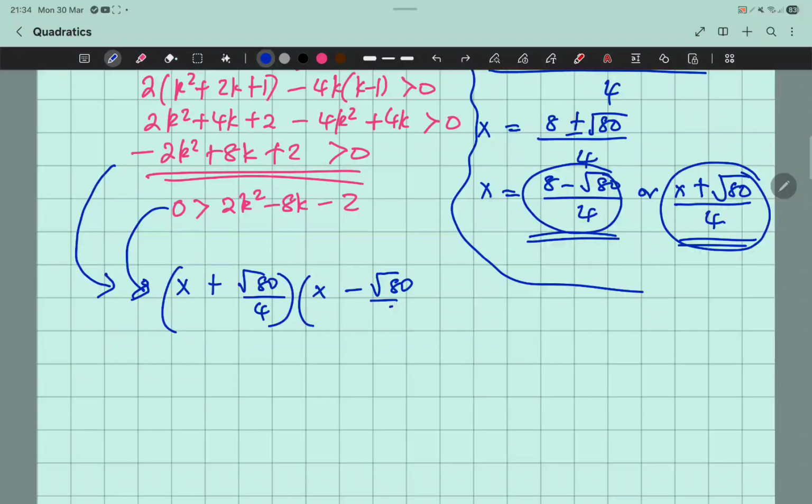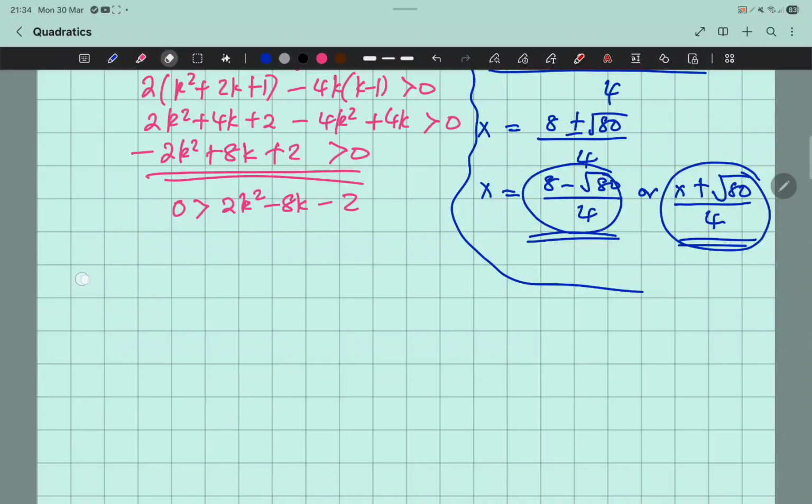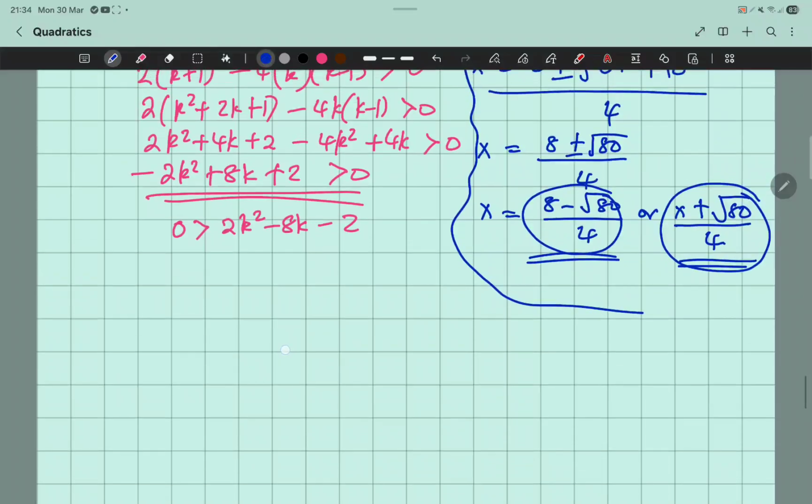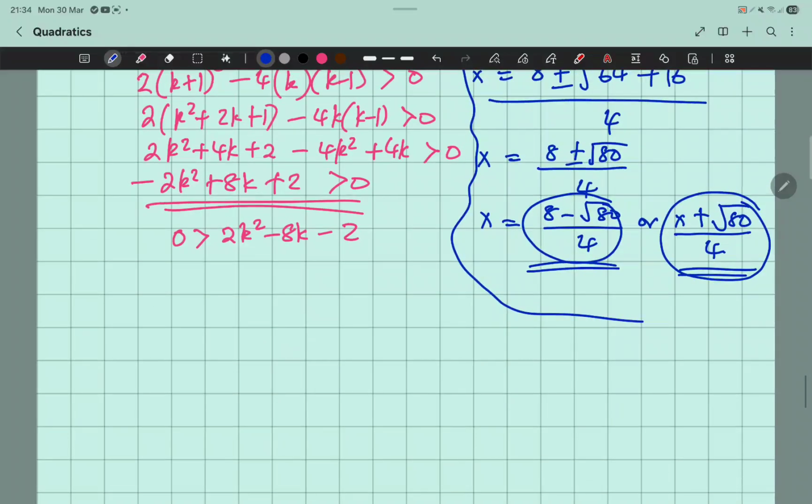Sorry, I made a mistake. Let me just clear this out. All right, so I'm saying if we want to see our factors here, we have k minus bracket 8 minus root 80 over 4.